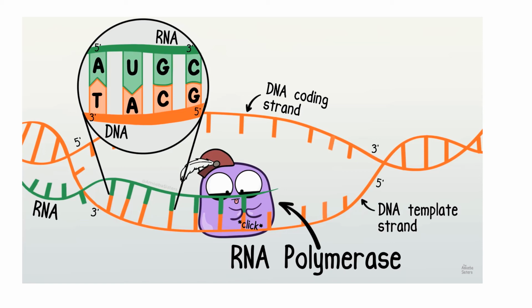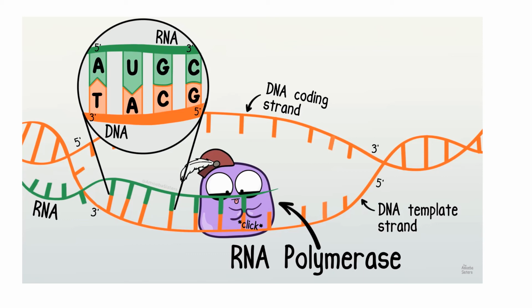The RNA polymerase attaches to the 3' to 5' strand, the template strand, and starts synthesizing an RNA which codes for exact opposite codons.